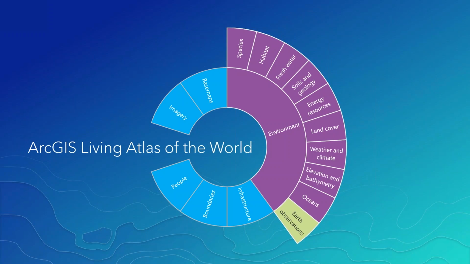What I'm going to focus on today is within this environment portfolio, which I manage, one specific area that we call Earth observations. These are the data sets that are updating in real time or near real time, and they're either developed by our Living Atlas teams here at Esri, or contributed by organizations like NOAA and emergency management agencies across the world.